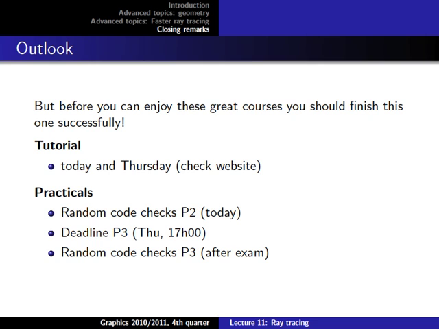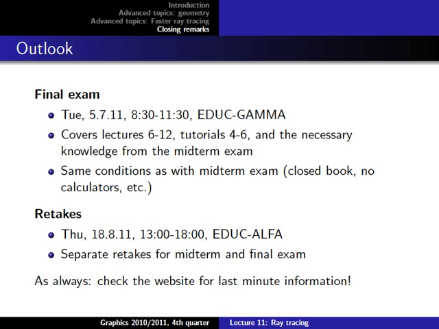Good. And then of course, after the practical, there is also the final exam next week, again starting very early. I have to be here even an hour earlier to set everything up, so don't complain to me. It covers the lectures, everything that was not covered in the midterm exam, and also considering the tutorials.